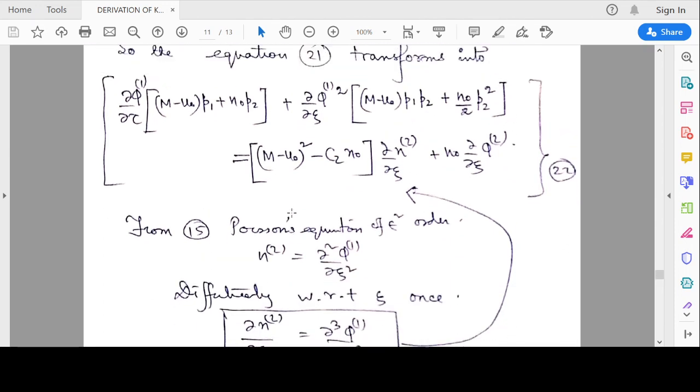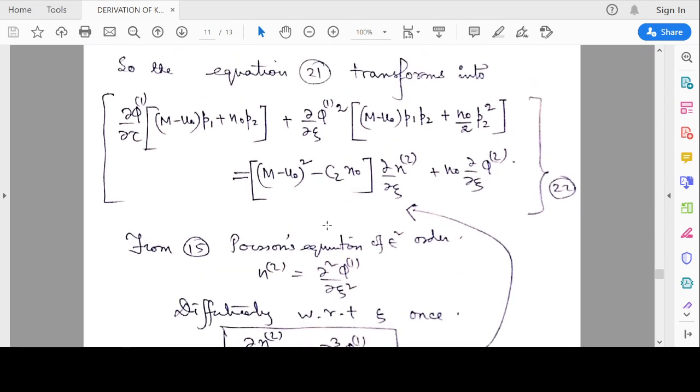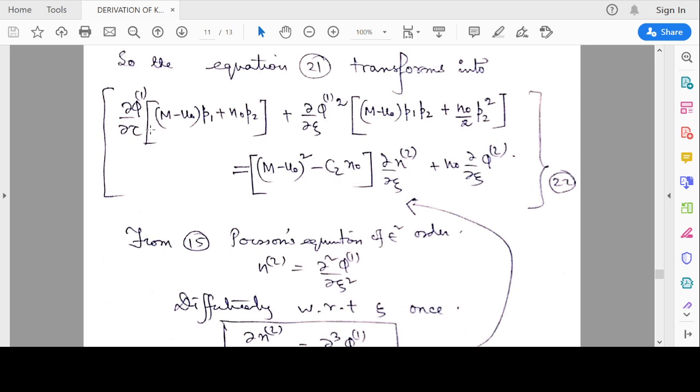Okay. Now writing this simplified in this form, we get all the first order terms on the left hand side, and the n2, the second order term, and the phi 2, the second order term. Now this n2, as I have told you, from the second higher power of epsilon, that is epsilon to the power 5 by 2, from Poisson's equation, we substituted this n2.